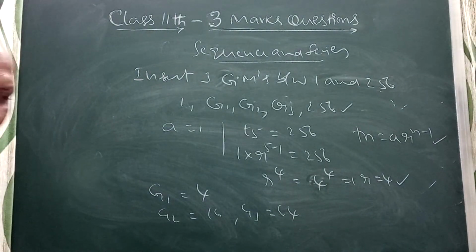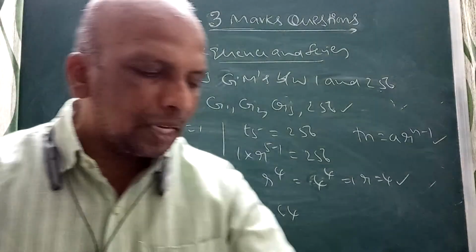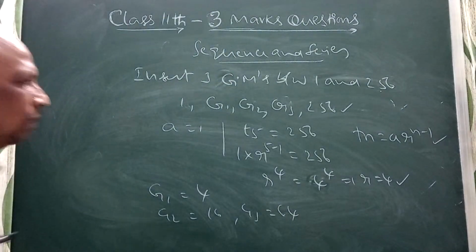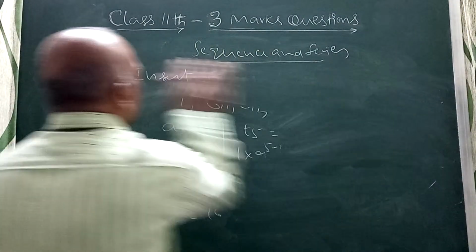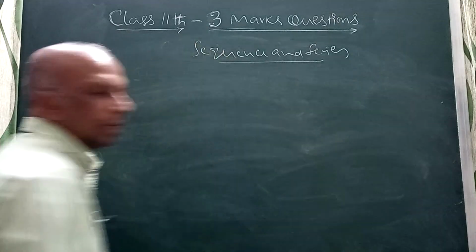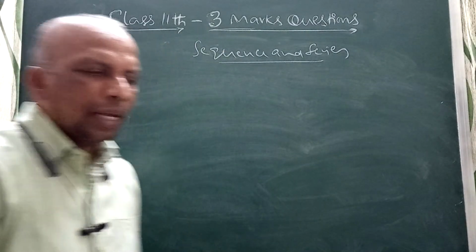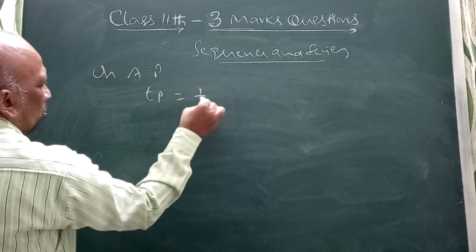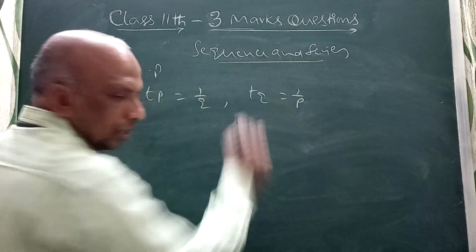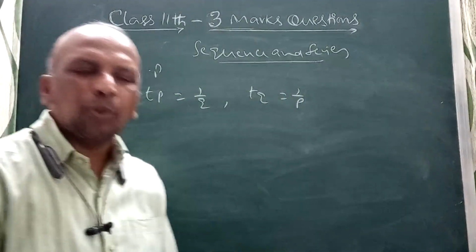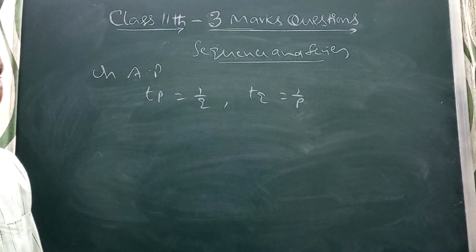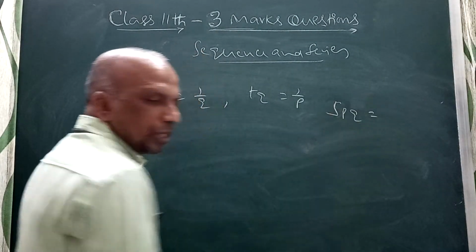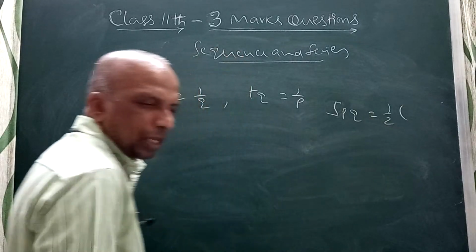Next one, in sequence and series. Suppose in an AP, if the pth term is 1 by q and the qth term is 1 by p, prove that the sum of the first pq terms, S pq, is equal to 1 by 2 into pq plus 1.